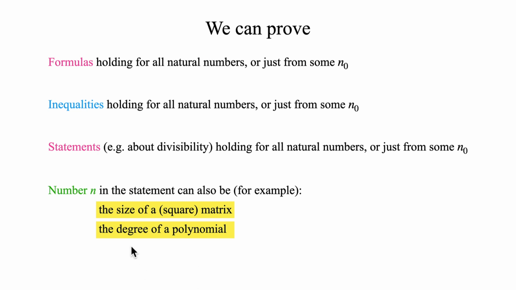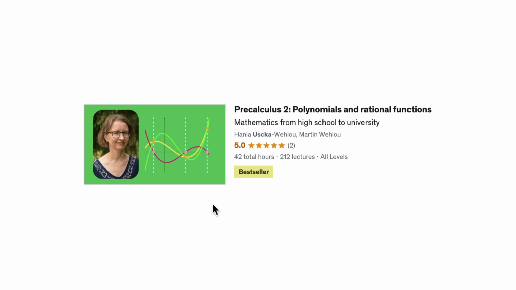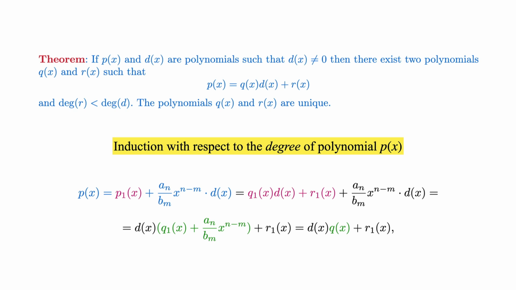Another thing, the number n can be the degree of a polynomial. And such an example is to be found in Precalculus 2, in the theorem about divisibility.